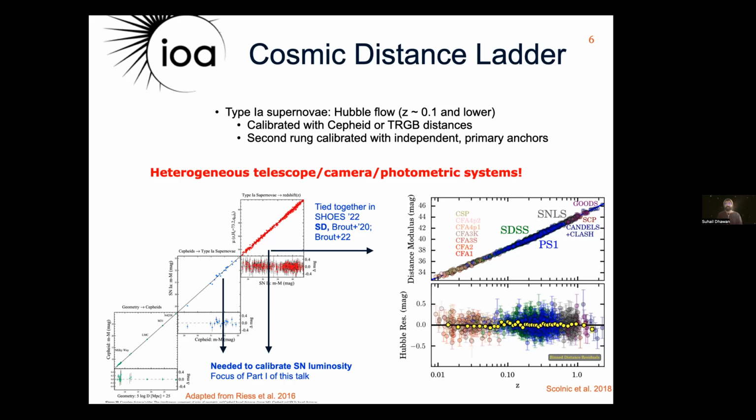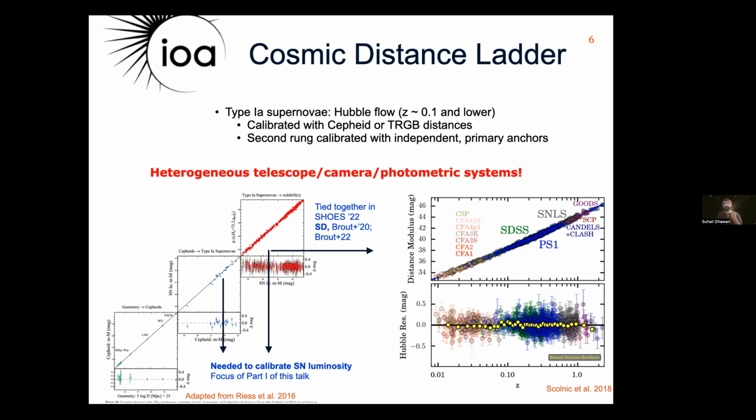Now, this slide is showing two different plots, with the Hubble flow sample here also being used to calibrate or be the low redshift anchor for dark energy studies. And you can see that this low redshift anchor is built out of lots of different surveys, telescopes and cameras.